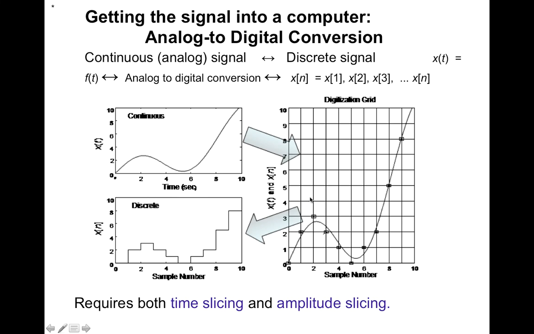So you have these quantization levels, and the signal gets rounded up or down to the nearest level. Rather than this continuous curve, you have these distinct quantum levels shown in the discrete signal. In addition, you're only sampling at very discrete times. You sample at 0, then you sample at 1, and notice how the jump is immediate.